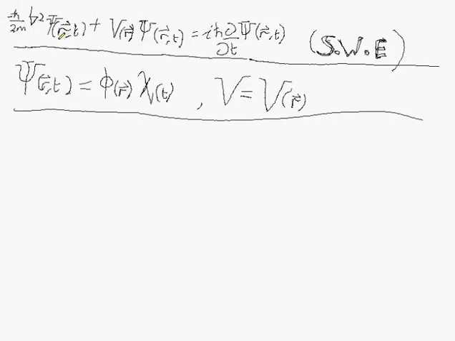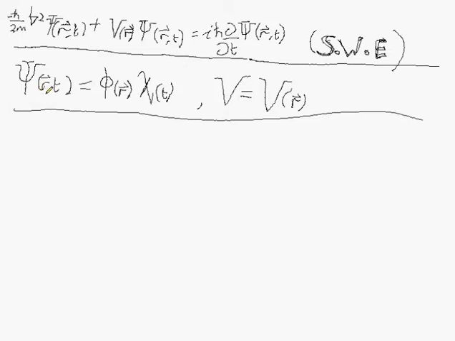This is the time dependent Schrödinger wave equation, so it's dependent on position and time, plus the potential energy operator acting on the wave function again, which is again a function of position and time, is equal to the imaginary number i, h bar, times the partial derivative with respect to t of the wave function.